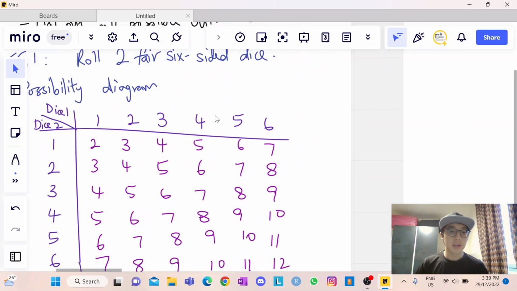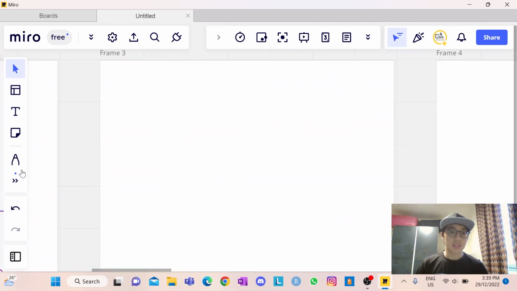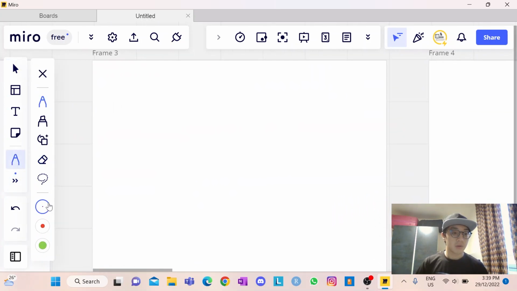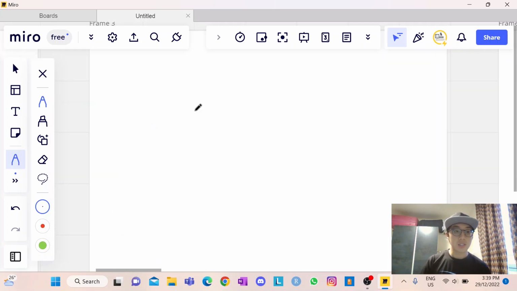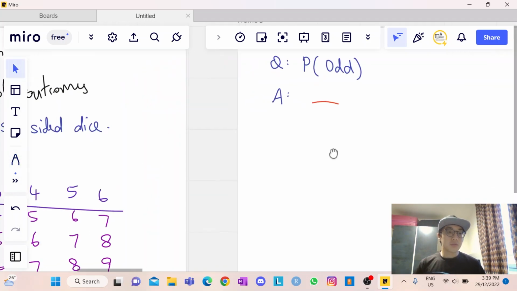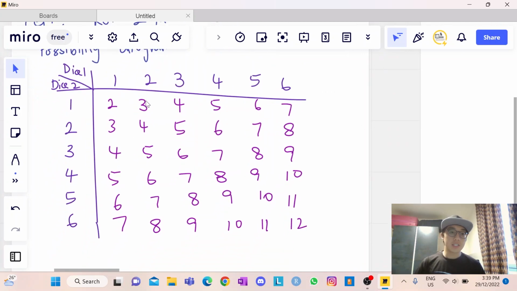Let's go to the next page, and I'm going to write the question. The question is asking: what is the probability of getting an odd number? If we refer back to the table here, there are 36 possible outcomes.